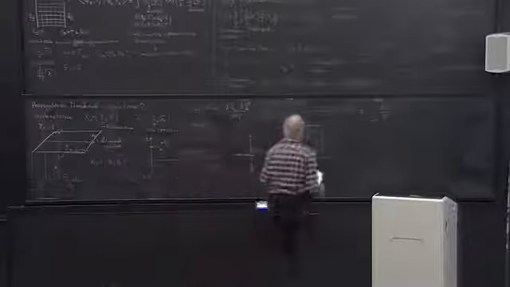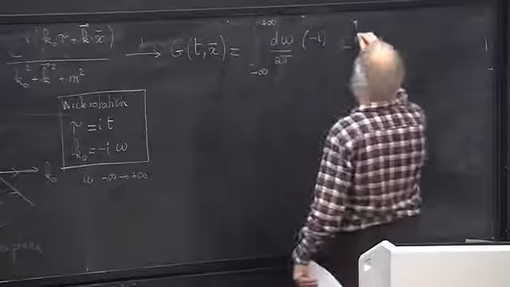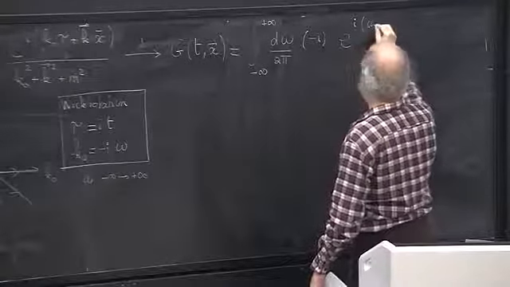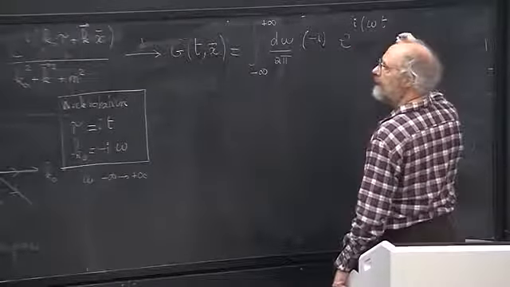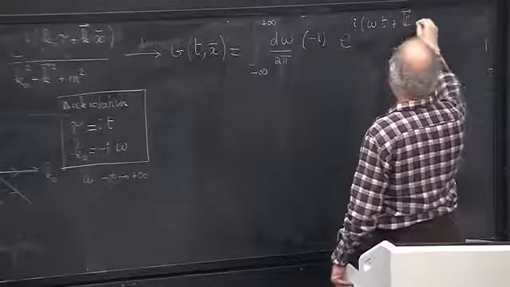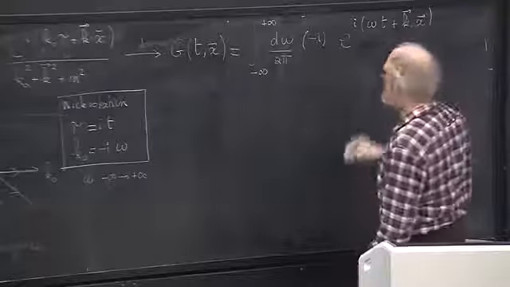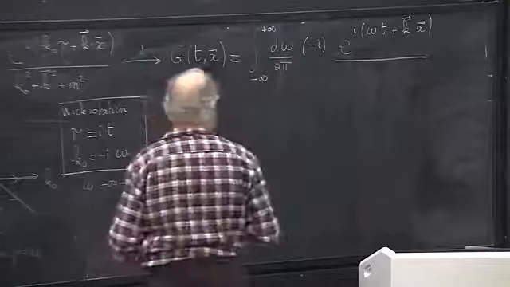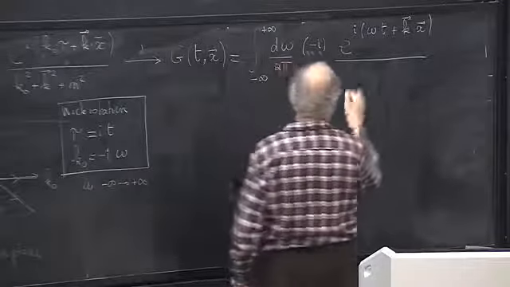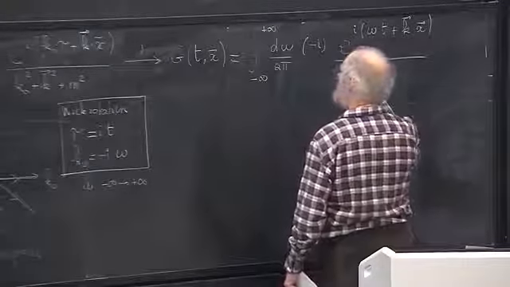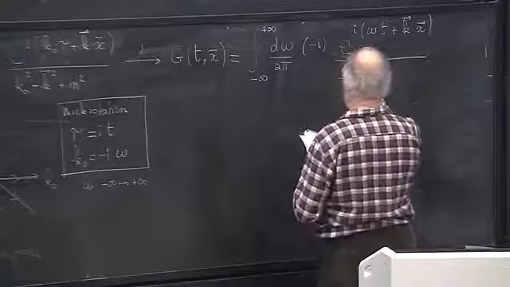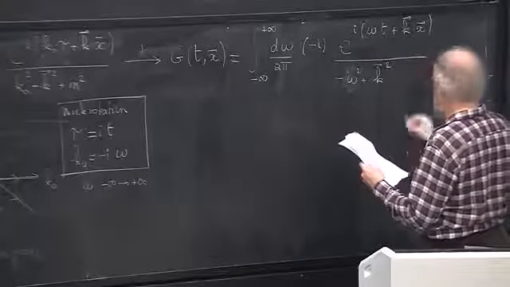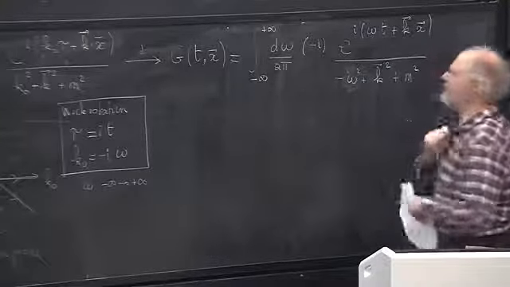This becomes exponential of i times, so k naught becomes omega, tau becomes t, k is unchanged and x is unchanged, and here I get, of course, minus k squared minus omega squared plus the space momentum squared plus m squared.